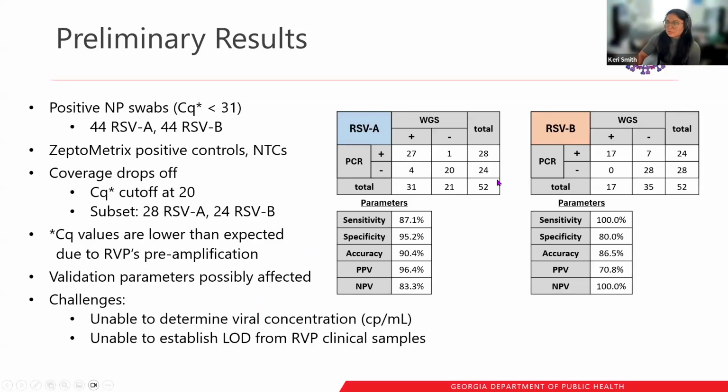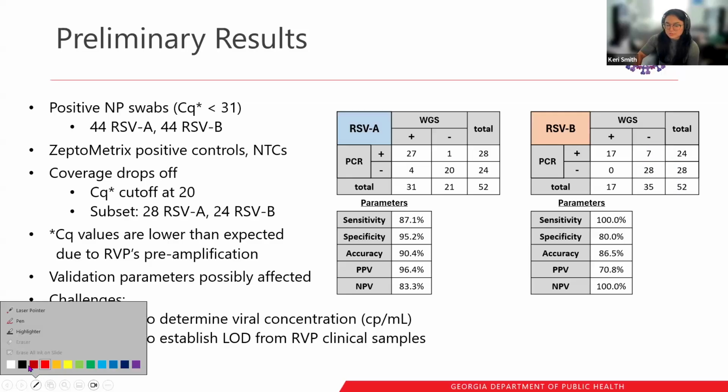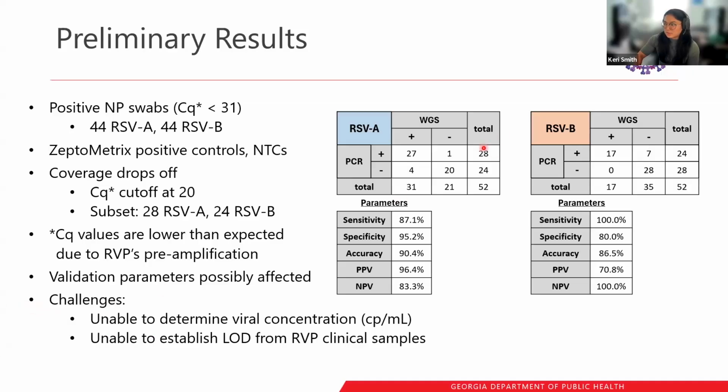I do want to point out those samples resulting negative for WGS, in these cells right here. This could be due to viral loads being too low for sequencing.